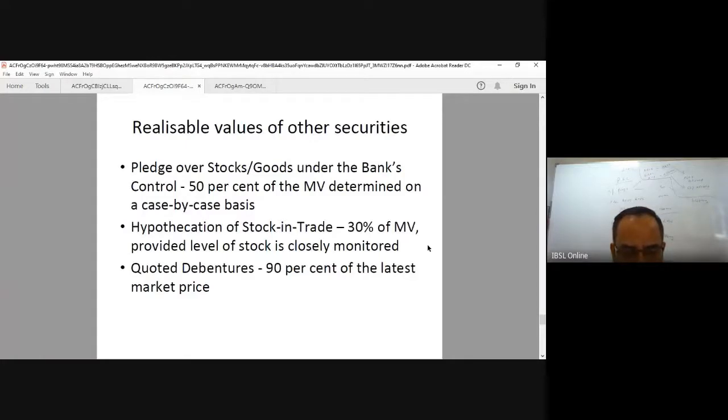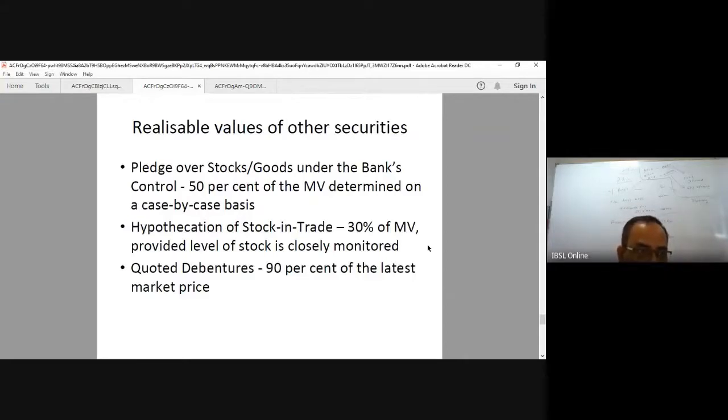Hypothecation of stocks. Stocks are hypothecated to the bank, 30% of the market value. Right. Then quoted debentures, 90% of the latest market value, right? Sometimes the customer would have invested in some debentures, and you would have taken that as security for your lending.